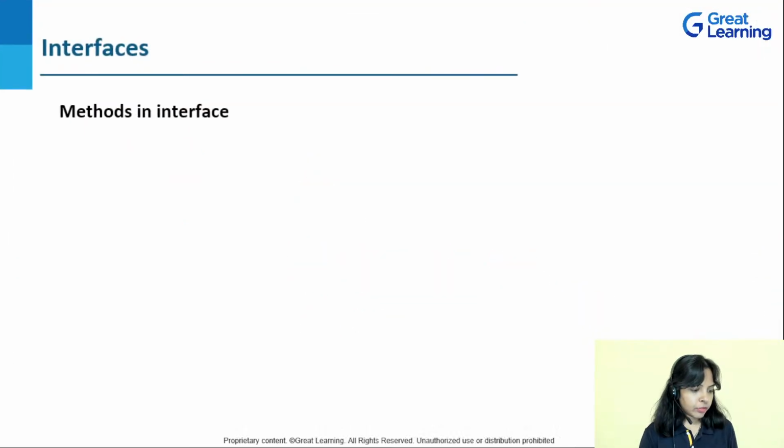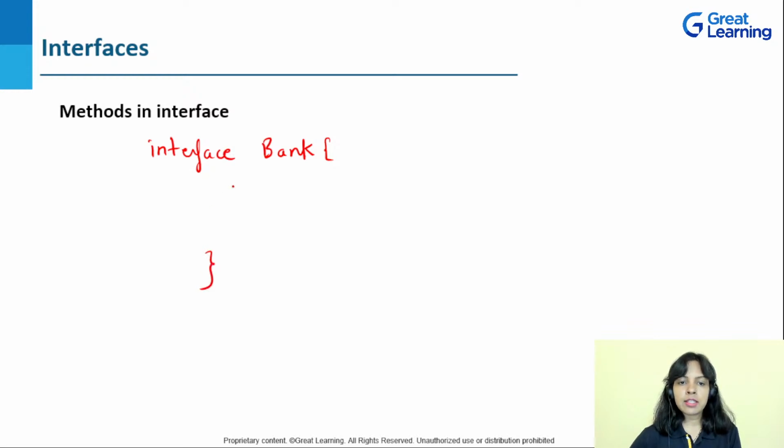Okay, so now I'll come out of this topic and let me discuss methods in an interface. We discussed everything about interfaces. Now let's talk about what all can be there inside an interface. So inside an interface there are methods. The interface example we took was Bank. In this there will be methods. If I write void, the first method is, suppose, withdraw money.